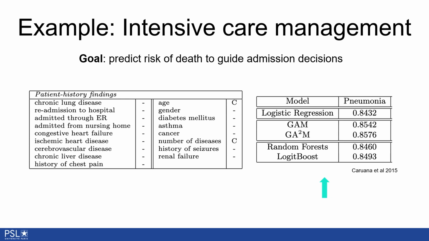The results showed that generalized additive models, also called GAMs, have a higher predictive performance than logistic regression. Non-interpretable models also have a somewhat higher performance than logistic regression, but their performance is lower than generalized additive models. So generalized additive models have a high performance and are at the same time interpretable.